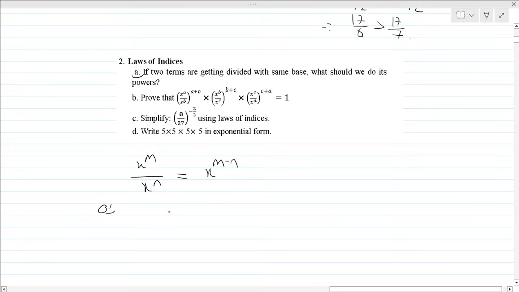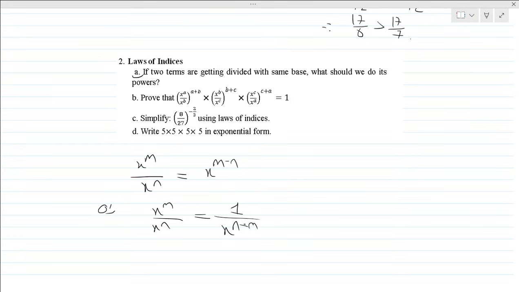Or we can do it another way: x power m by x power n equals x power n brought down, and the power m from the numerator brought down to get subtracted, keeping numerator 1. So either way we can do it when two terms with the same base are divided with different powers or the same power. Okay, after A, now let's go with number B.